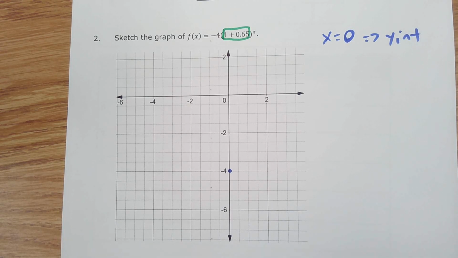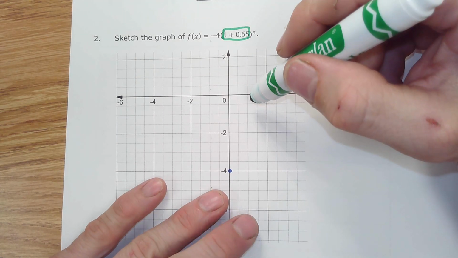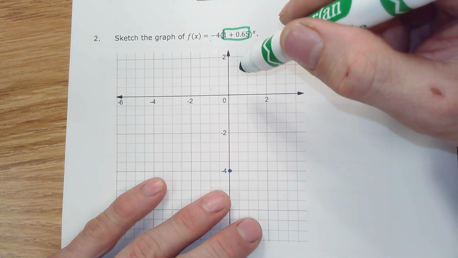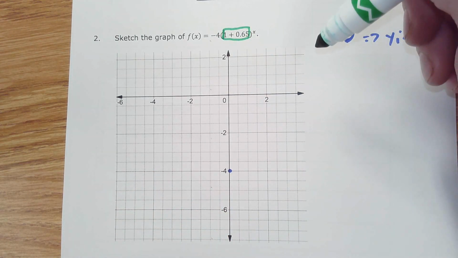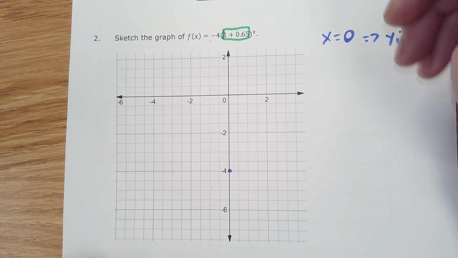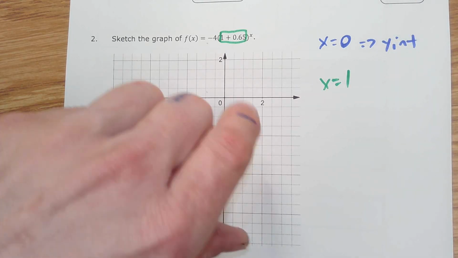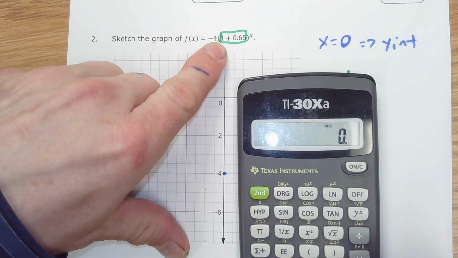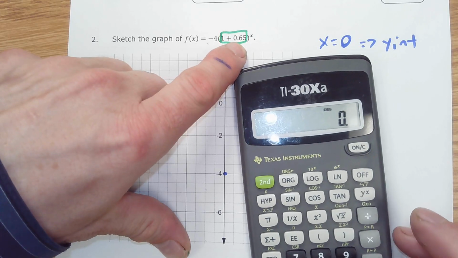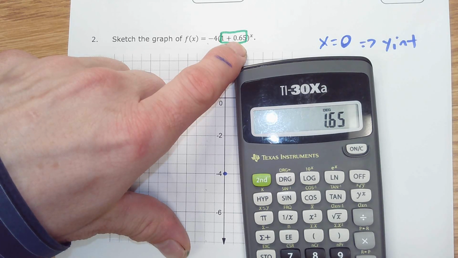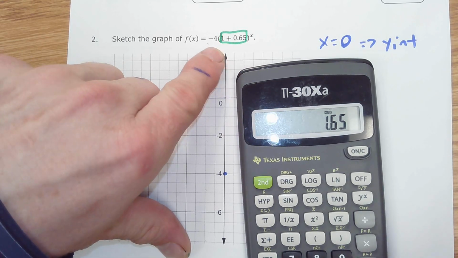So when I put in x equals 1, it's going to be 1.65 to the first, which is 1.65, times -4.